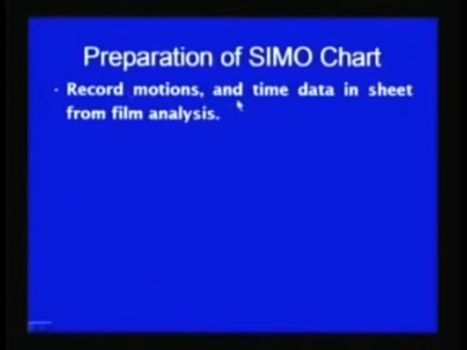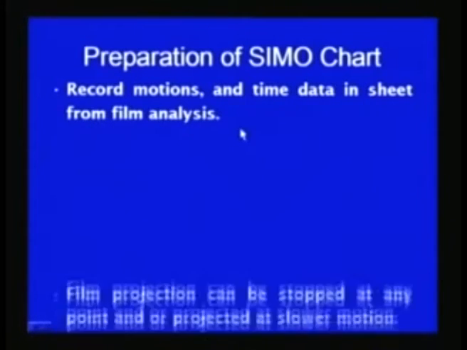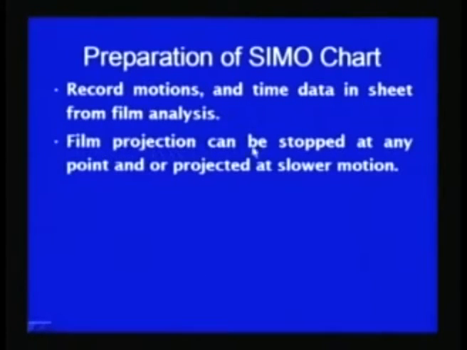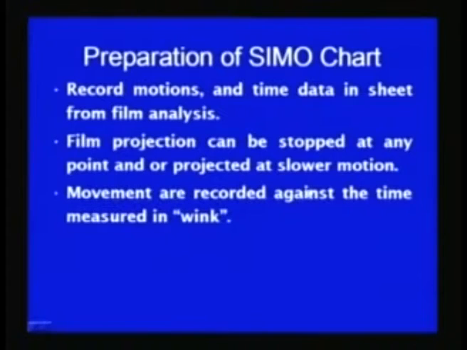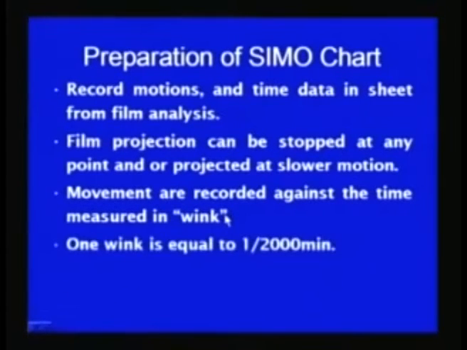For preparing the SIMO chart, record the motions and time data in the study sheet from the film analysis. The film projections can be stopped at any point or projected in slower motion, and the movements are recorded against the time measured in wink. Wink is a time unit which is used for recording the various therbligs in the SIMO chart, and this wink is very small.